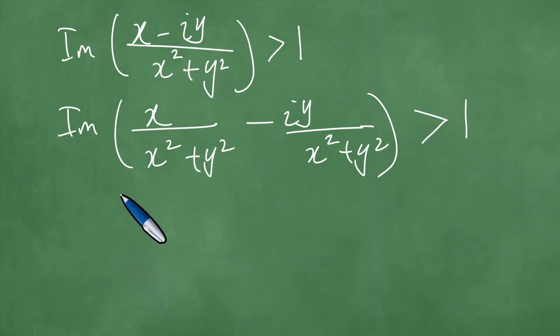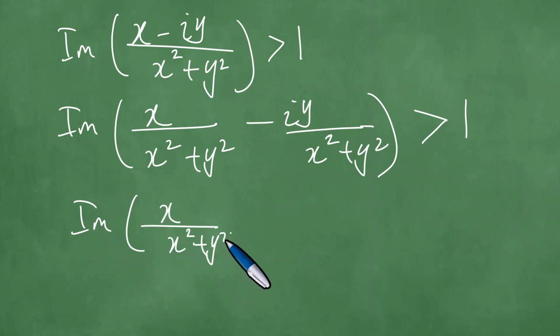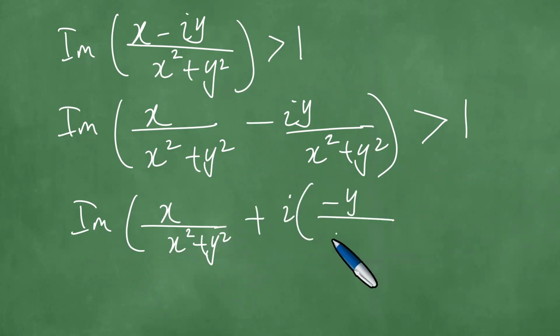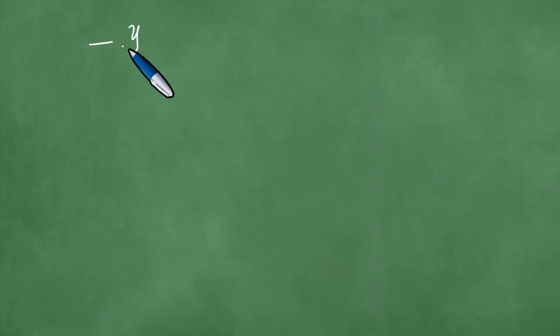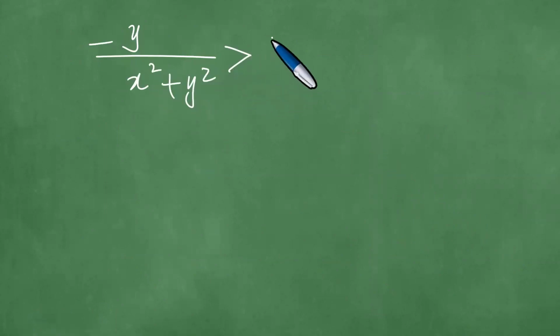We want to extract the imaginary part, and obviously this is x over x squared plus y squared plus i times minus y divided by x squared plus y squared, strictly bigger than 1. What is the imaginary part? Well, the imaginary part of this is minus y over x squared plus y squared, and this is strictly bigger than 1.